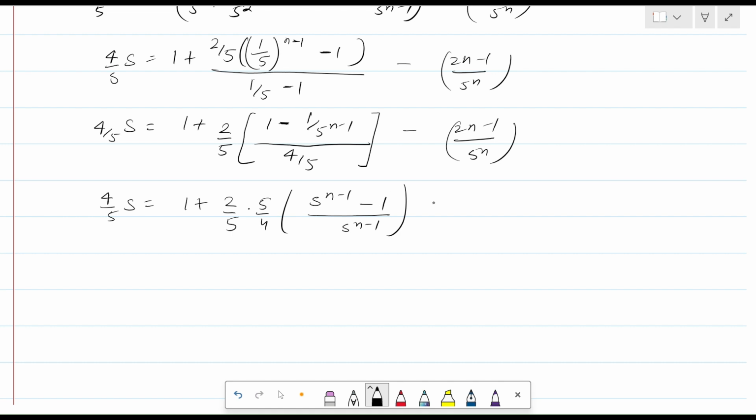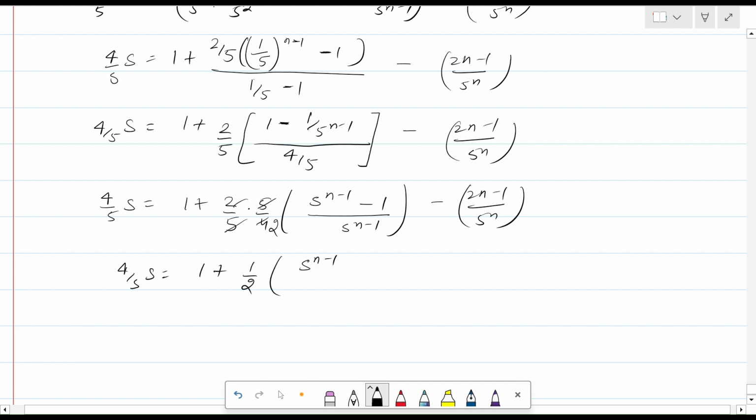And this is 2n minus 1 into 5 raised to the power. This is 1 by 2. So 4 by 5 s is 1 plus 1 by 2, 5 raised to the power n minus 1. This is 5 s, not s.